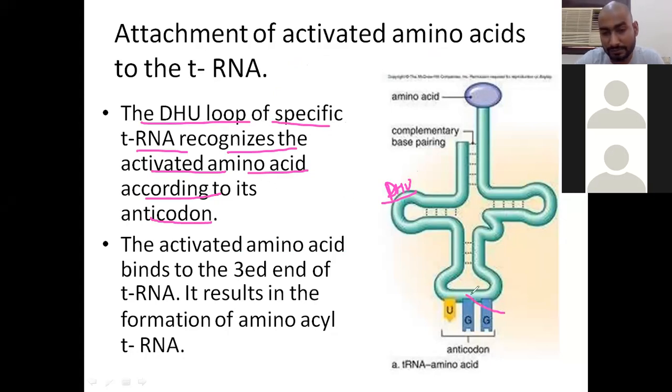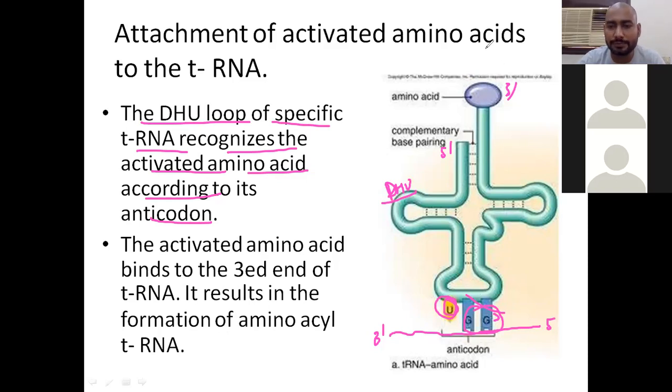This is the anticodon, this is the 5' end, and this is the 3' end. Two bases are complementary, directly paired, but the third is the wobble. Wobble means it is not fixed, it can change, but the first two are fixed. The third position of the 3' end of tRNA and the 3' end of mRNA are considered wobble positions.